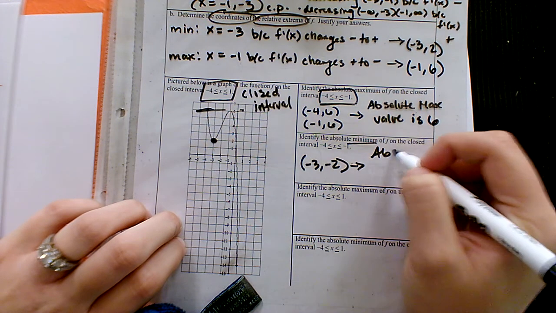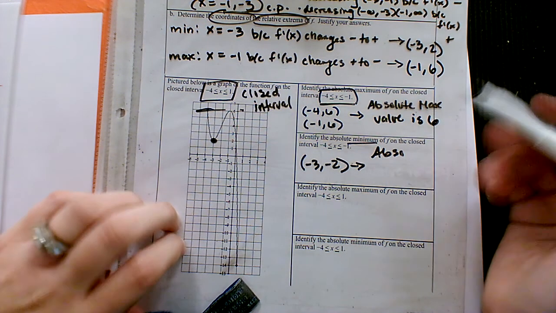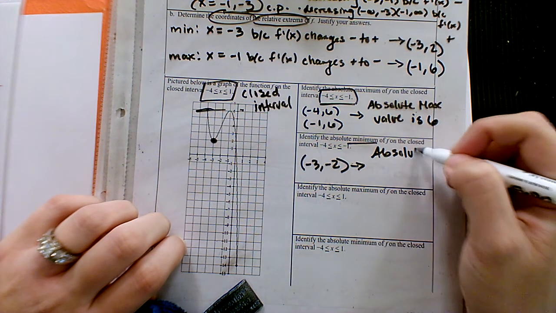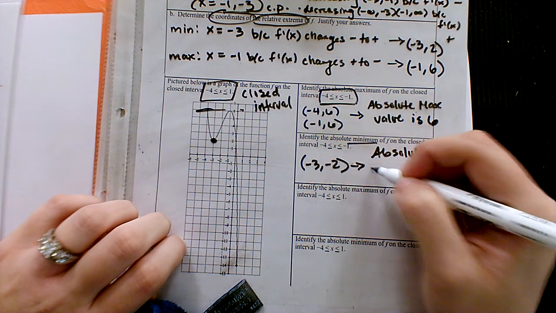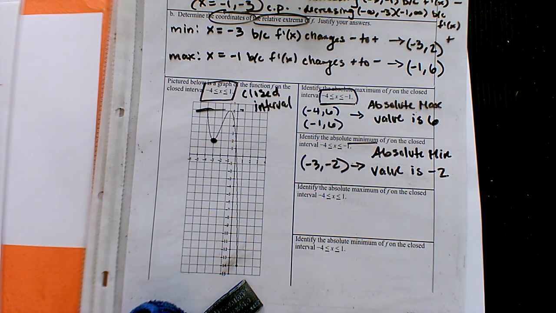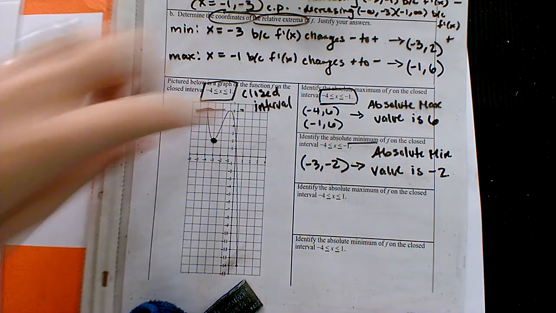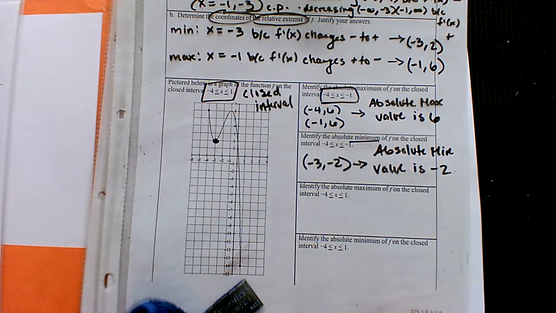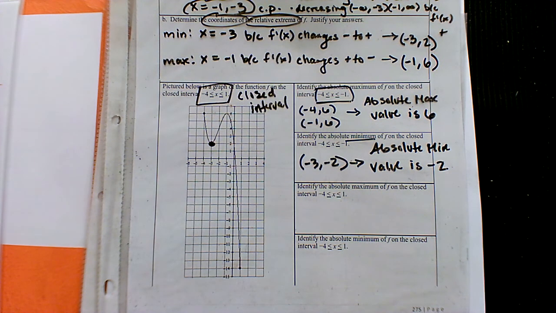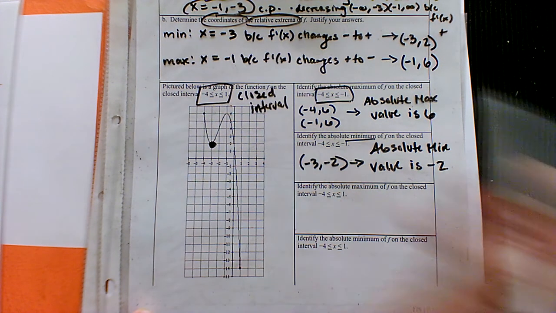Good catch. All right, so on that interval, the absolute minimum value would be -2.